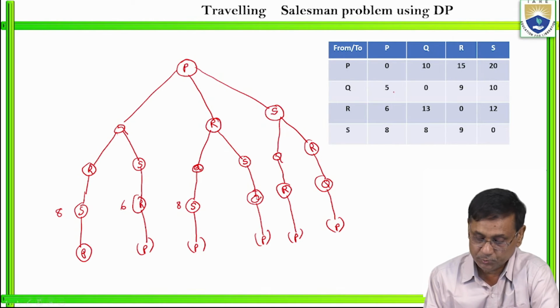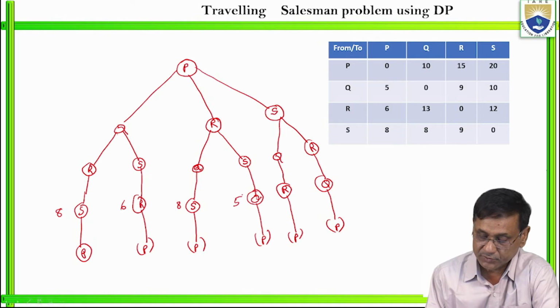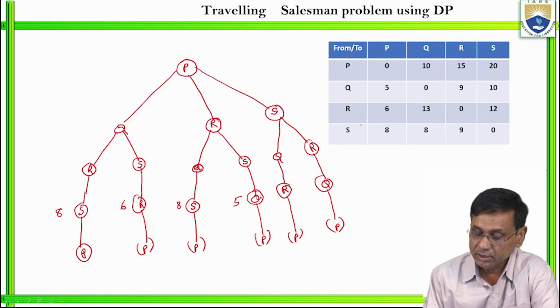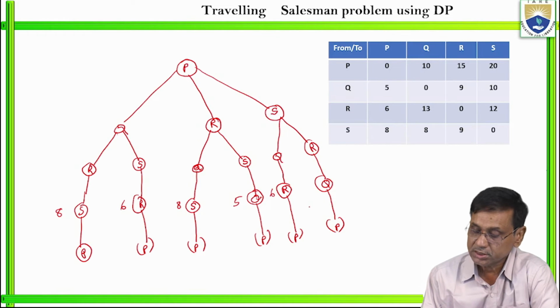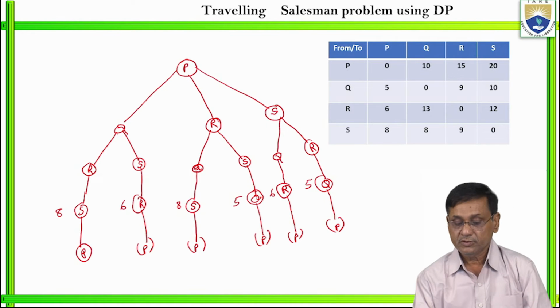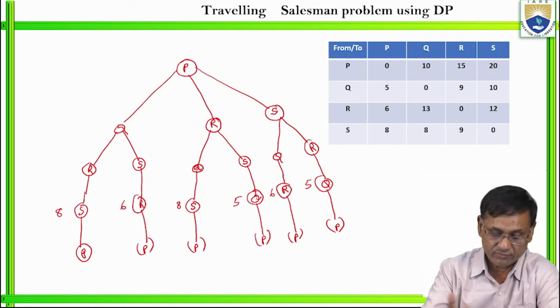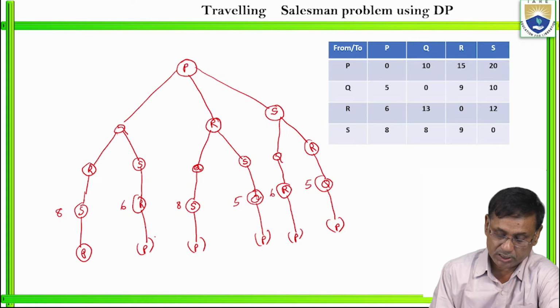And then Q to P is 5. Then R to P is 6, and Q to P is 5. So we have to come from the reverse direction: S to P, R to P.